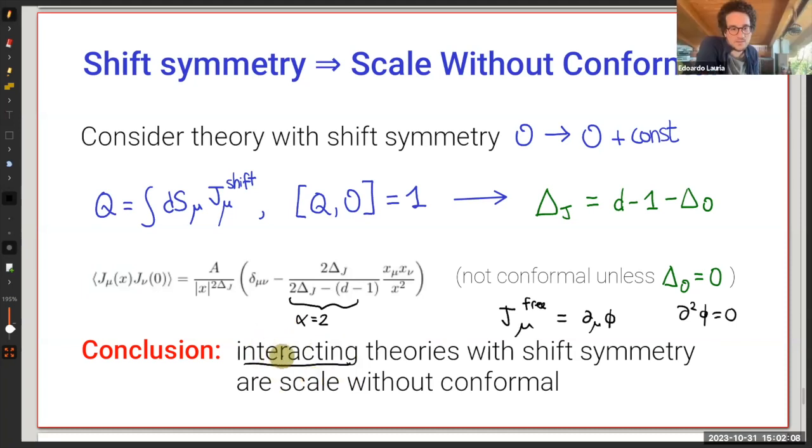We believe that, again, it's one of these genericity arguments. But does your argument work to prove that the Maxwell field in 3D is not conformal, that it is scale invariant without being conformal?